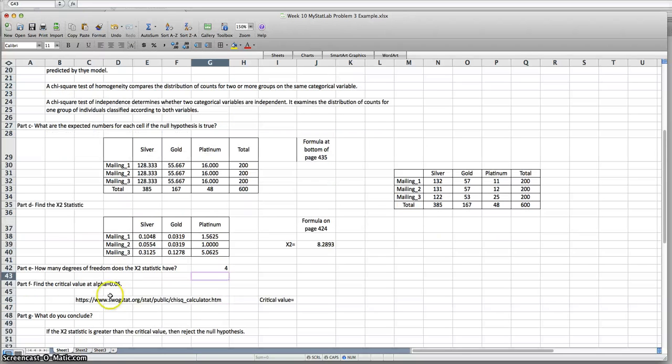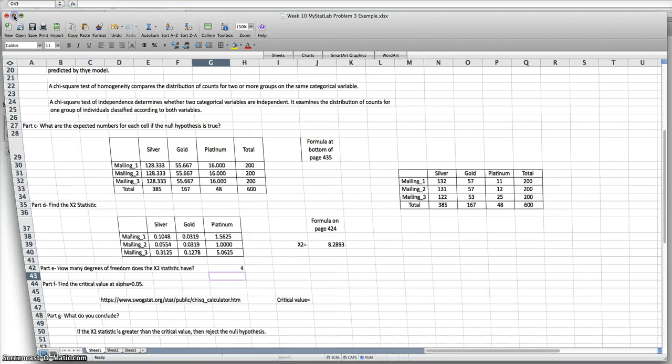Moving on. Find the critical value at alpha at 0.05. Now, I found this neat site here that I'm going to use, and I'm also going to post this link along with this video. Makes it very easy to come up with this critical value. I liked it, and all we need to know are our degrees of freedom, which we have at 4.